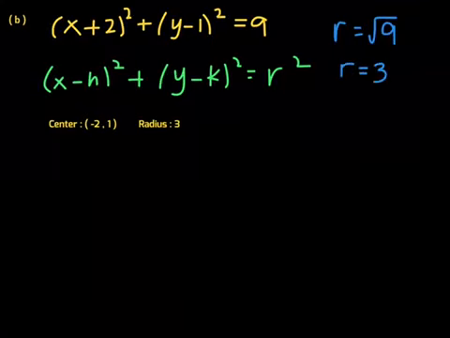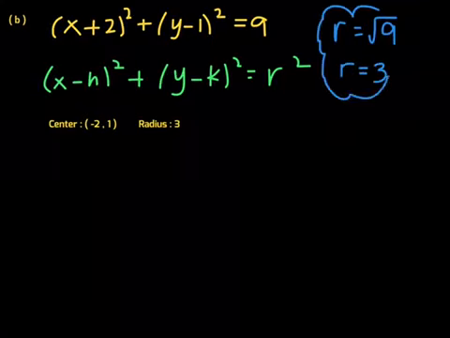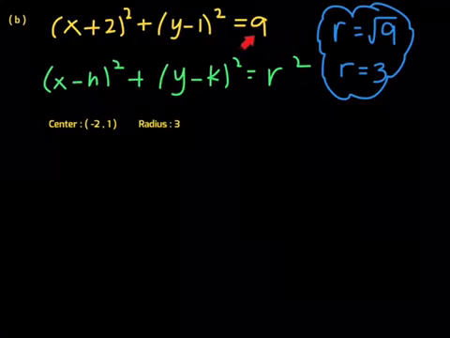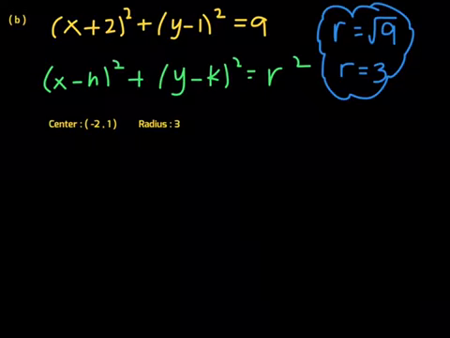You can always do this if you want. All right, let's graph the circle. Now notice that your center is in quadrant number 2, and you're going to be moving up and down, left and right 3 units.